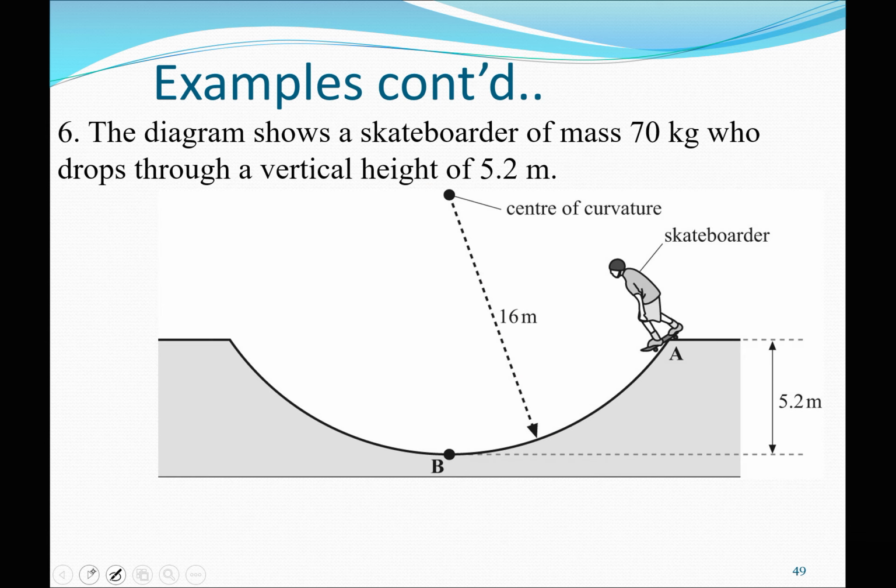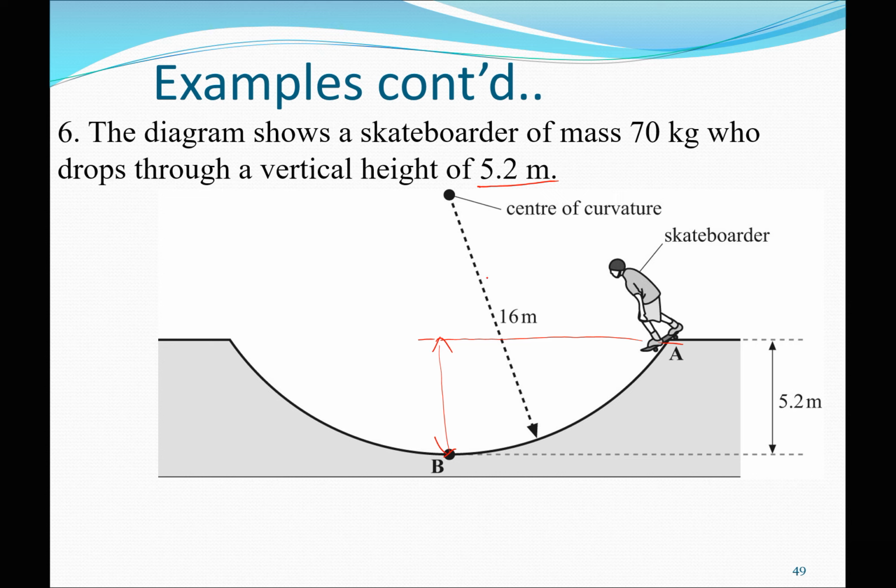Example number 6. The diagram shows a skateboarder of mass 70 kilograms who drops through a vertical height of 5.2 meters. We should first look at the radius of curvature.